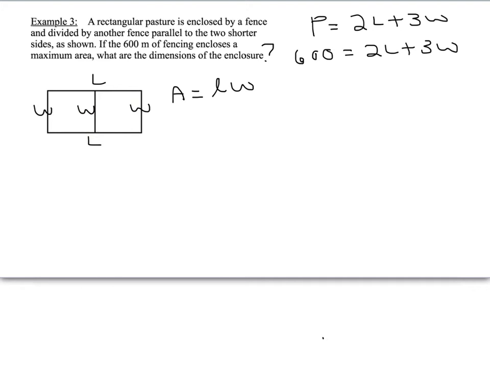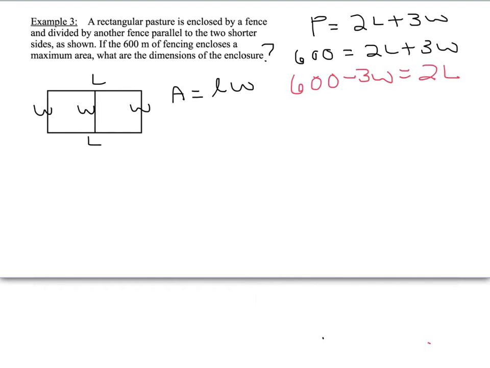So we're going to isolate either the length or the width in this formula for the perimeter. We'll go ahead and isolate the length, so we'll isolate 2 lengths by subtracting 3 widths from the perimeter. Okay, and then divide everything by 2.